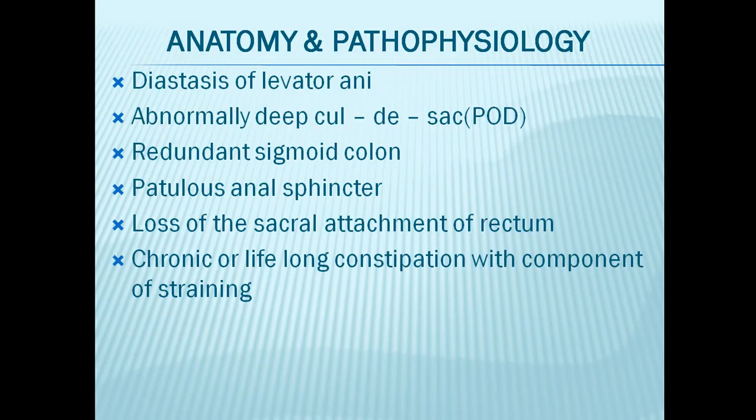Now coming to the anatomy and pathophysiology of this rectal prolapse. So one such cause which is attributed to the development of rectal prolapse may be the diastasis of the levator ani. Secondly, it could be due to an abnormally deep pouch of Douglas or cul-de-sac.